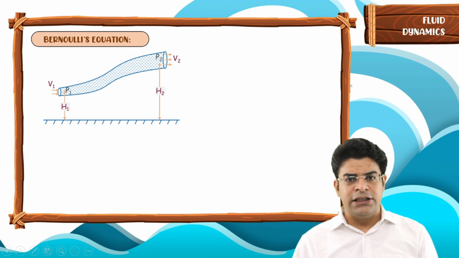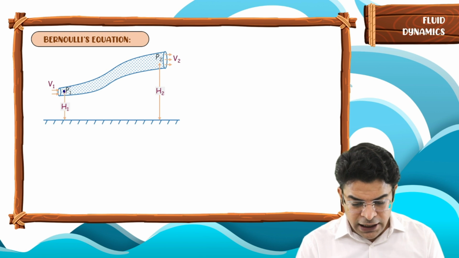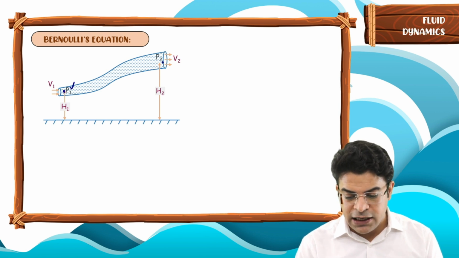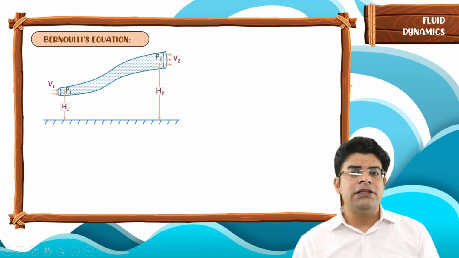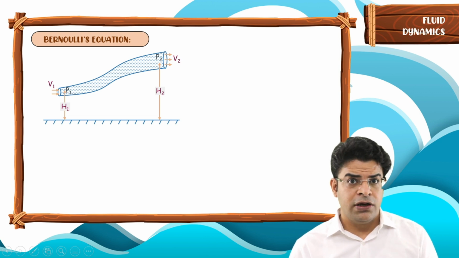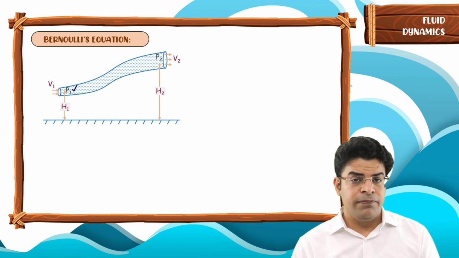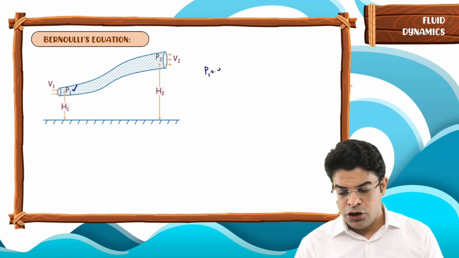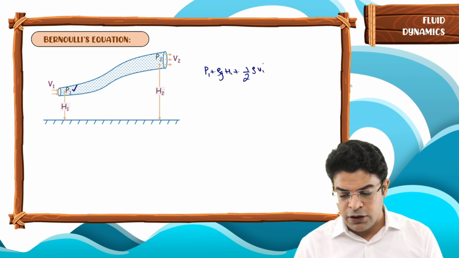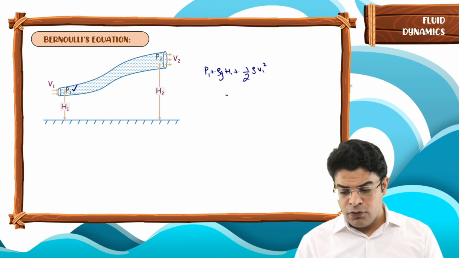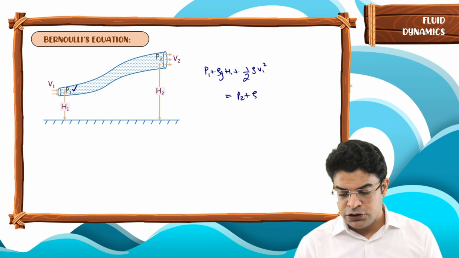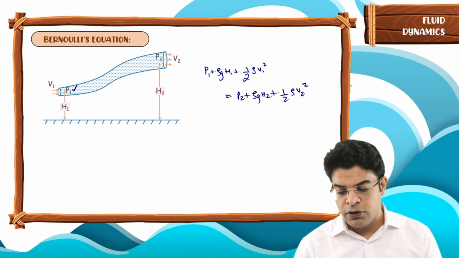As well as, let's assume the pressure in the fluid at this position is P1 and at the second position is P2. What does Bernoulli's equation tell us? It says that P1 plus rho g h1 plus half rho v1 square has to be equal to P2 plus rho g h2 plus half rho v2 square.